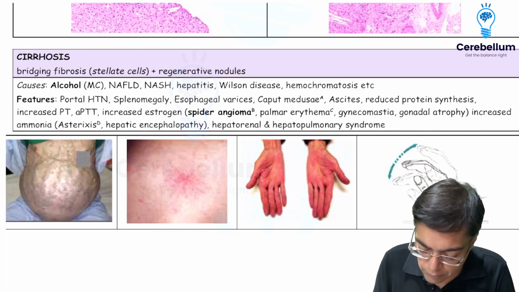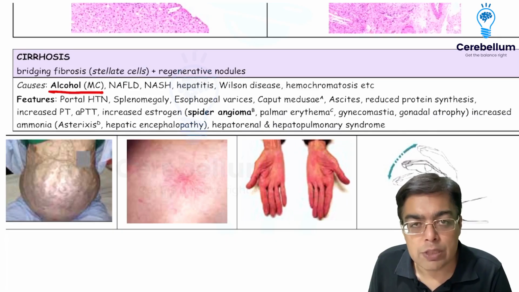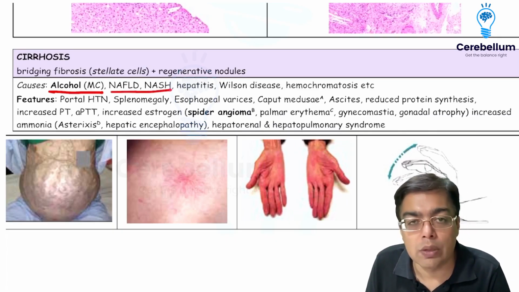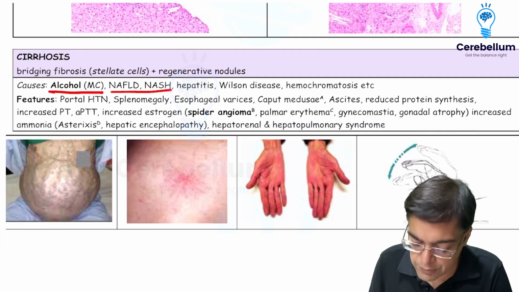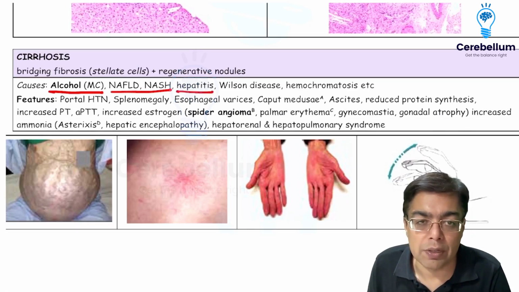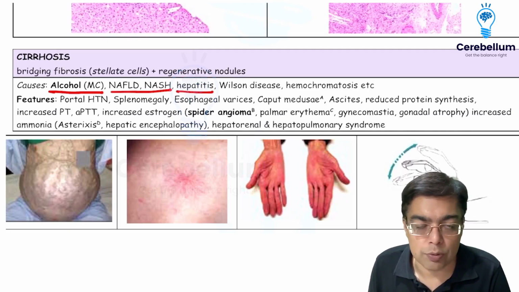The commonest reason for development of cirrhosis happens to be usually alcohol intake. And if you exclude alcohol, one of the important reasons nowadays happens to be a condition that is given the name of non-alcoholic steatohepatitis. Patients are going to be having cirrhosis secondary to some kind of inflammatory condition like hepatitis, or because of the different types of metal overload conditions. Say, for example, Wilson's, a copper overload condition, or an iron overload condition like hemochromatosis.